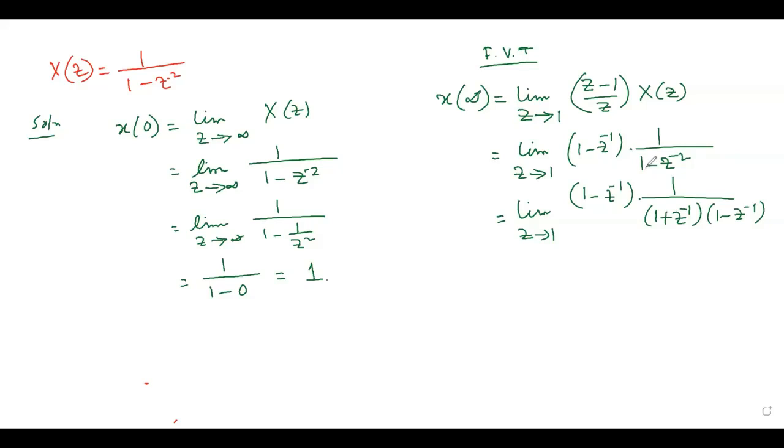So this will cancel out. So we have limit z tends to 1 of 1 by 1 plus z inverse. That is 1 by 1 plus 1, equal to half. So the initial value is 1 and the final value is half.